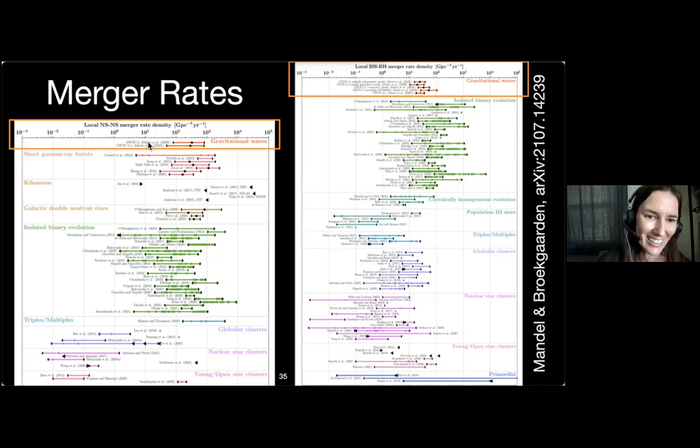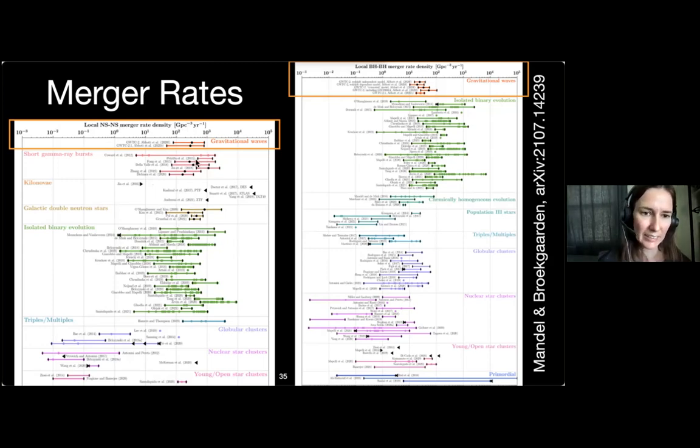And so you get a rate for mergers observed in gravitational waves that you can compare to how many mergers you might expect based on observing short gamma ray bursts, which seem to be generated by the same class of double neutron star mergers, from the observations of galactic double neutron stars and the predictions for how often these types of systems would merge.